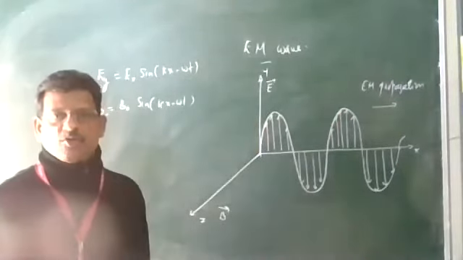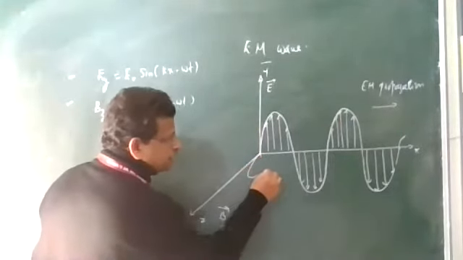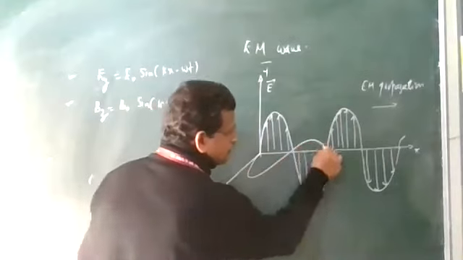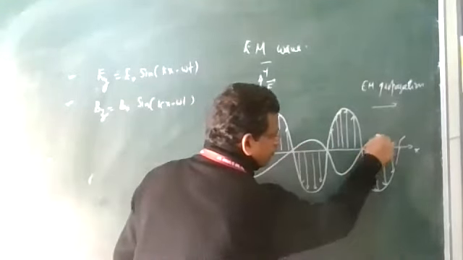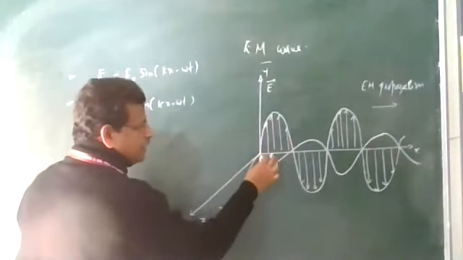Magnetic field: there should be perpendicular, so you have to draw a slightly flat pair of wave and show this vibration that's slightly perpendicular.